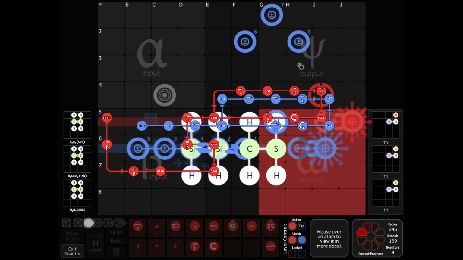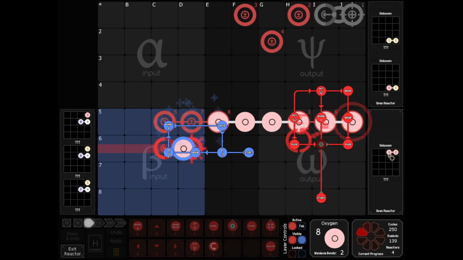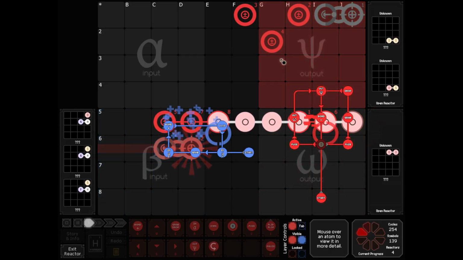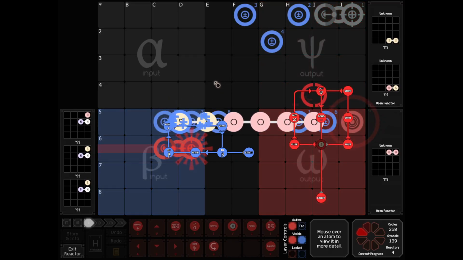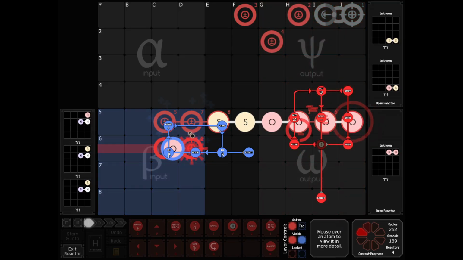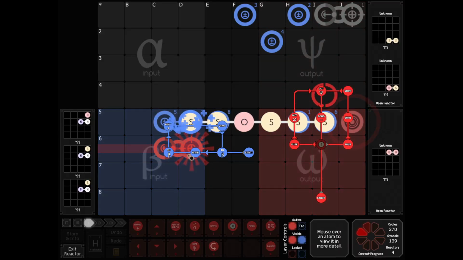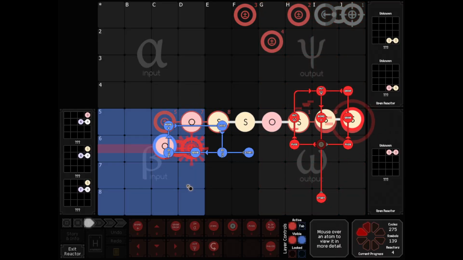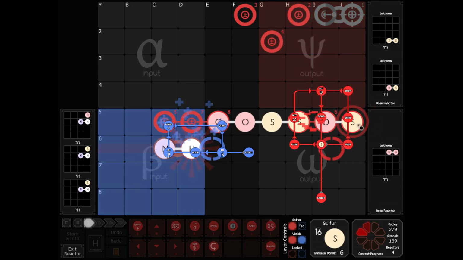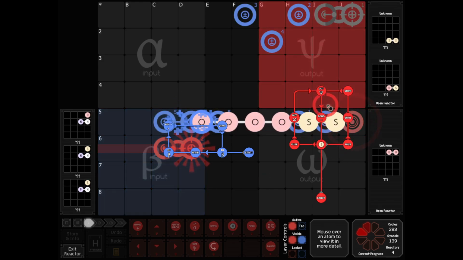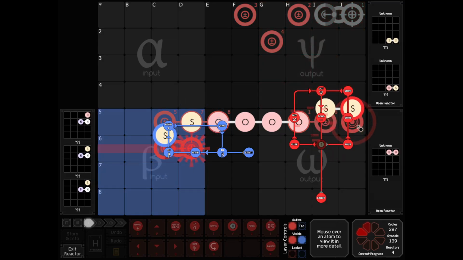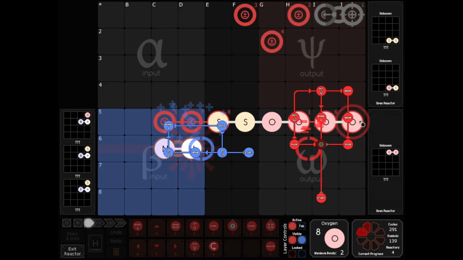Okay. Anyway, let's move on to the second reactor. This one builds a chain of molecules, of atoms, just like our solution did. And then it sorts the pairs of atoms based on what is on the right side.